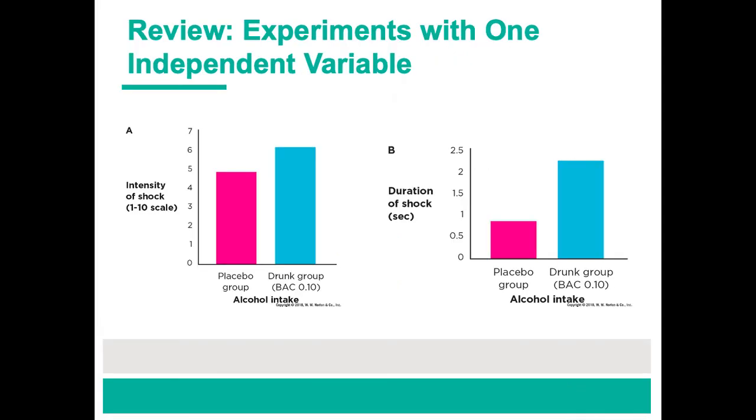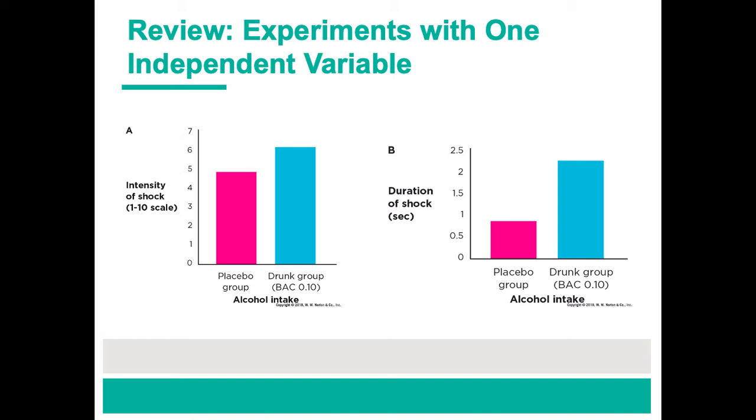So of course, in some cases we have one independent variable, and I like to stress here that this one independent variable, or causal variable, has here you see two different dependent variables, usually on the y-axis, right? So in this case it's the intensity of the shock and the duration of the shock. So sometimes, we want to look at a variety of different outcomes, but only have one really causal agent that's at play here.